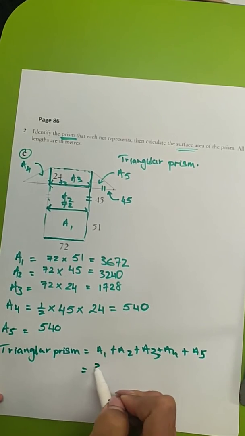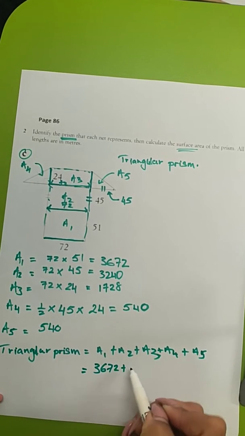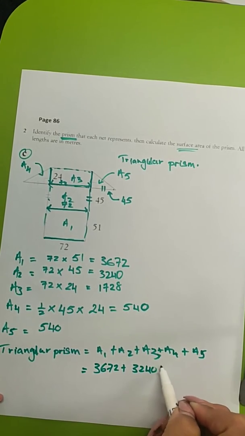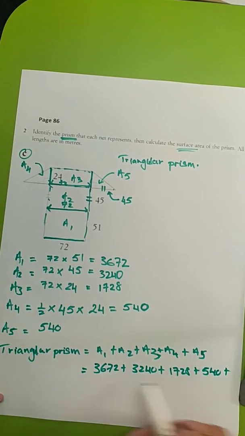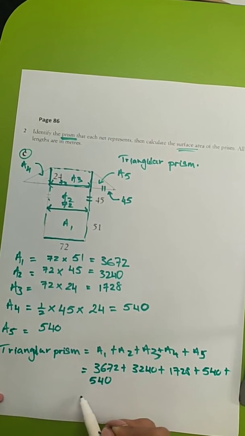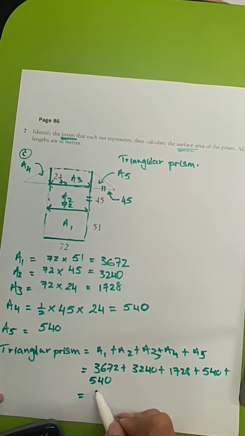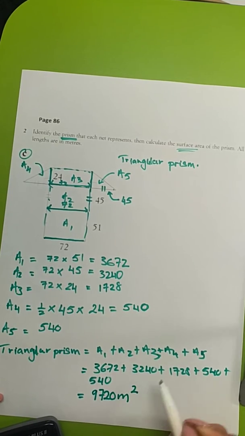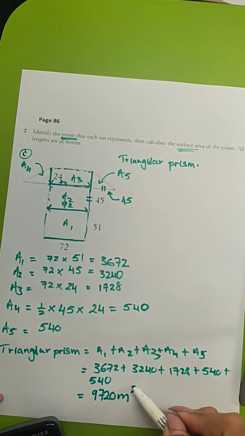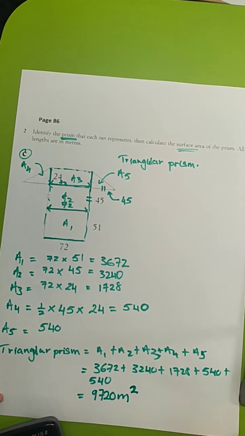Okay, which is 3672 plus 3240 plus 1728 plus 540 plus 540. And if you enter this on your calculator, that should give you 9720 meters squared. Remember, when you calculate area, the unit of measurement would be to the power of 2.